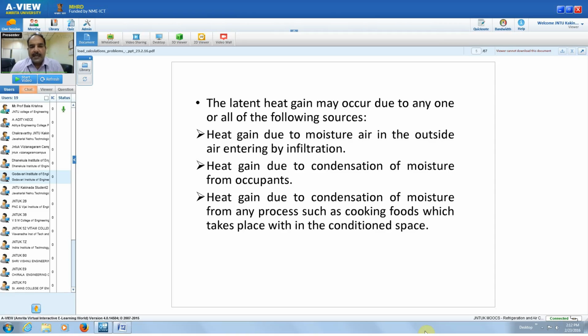Then the third one is heat gain due to condensation of moisture from any process, such as cooking food, which takes place within the conditioned space.